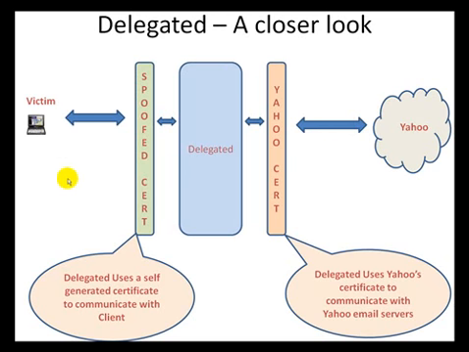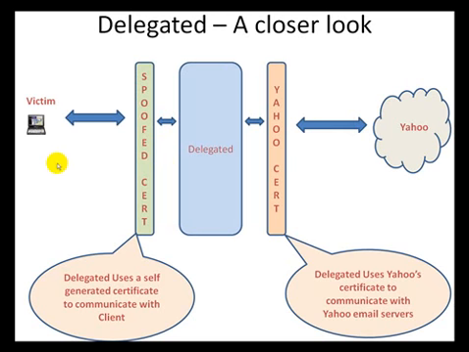So if you notice, for any packet the victim sends, the victim encrypts it using the public key specified in the spoofed certificate. Delegate D decrypts that, takes that data, encrypts it using Yahoo's certificate, and then sends it to Yahoo. Yahoo decrypts it using the certificate, sends the reply back to Delegate D, which once again encrypts it and sends the reply back to the victim.